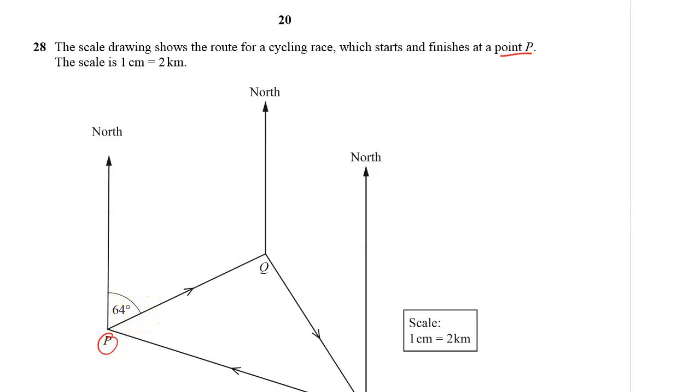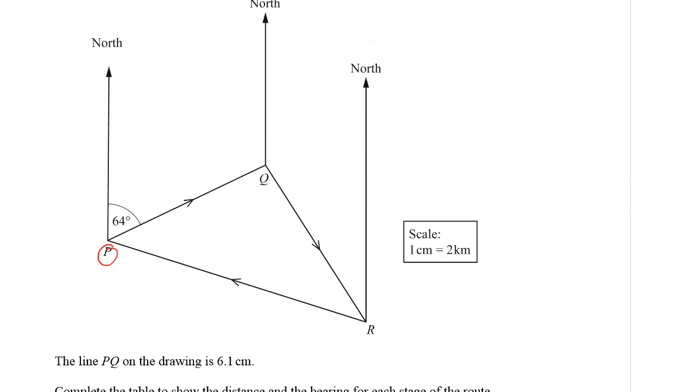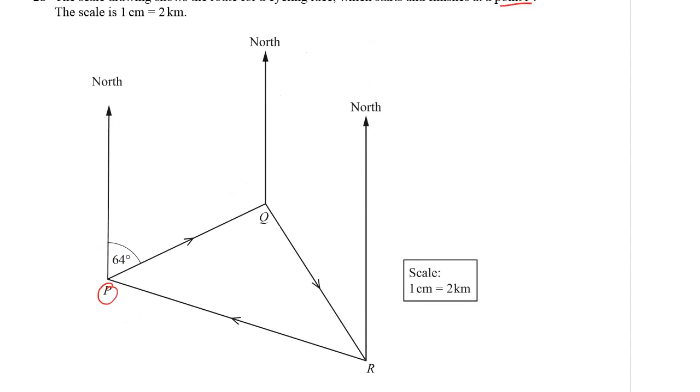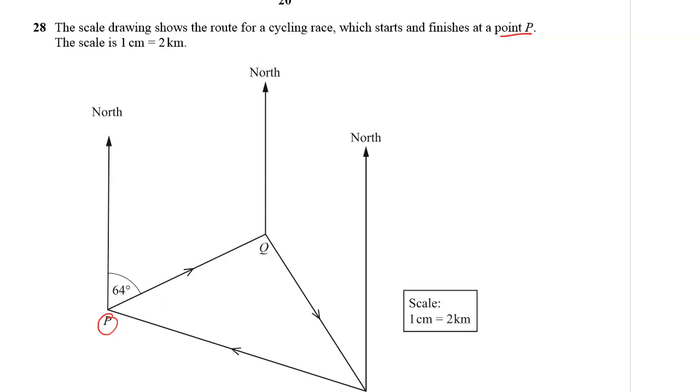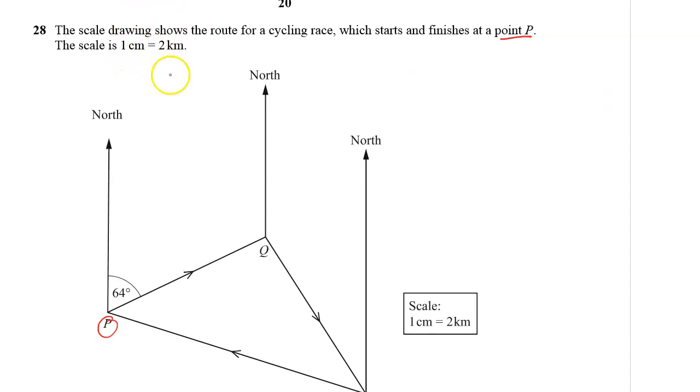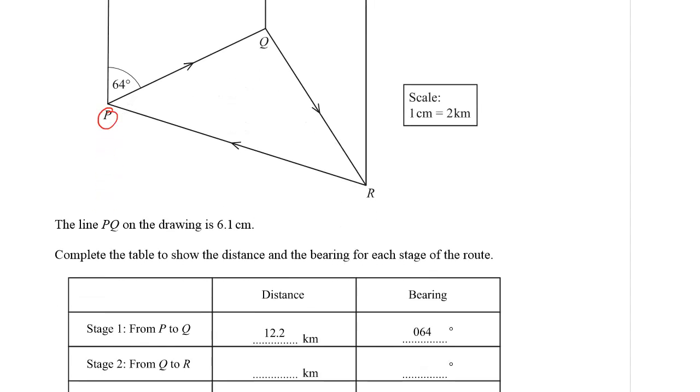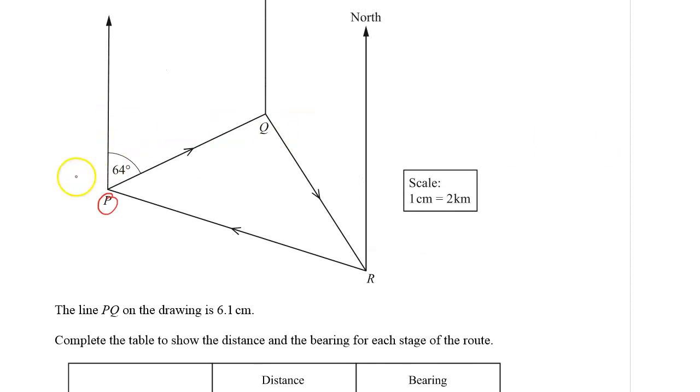Okay, so the route, the scale is 1 centimeter for every 2 kilometers. The line PQ, this line PQ is 6.1 centimeters. This is 6.1 centimeters.